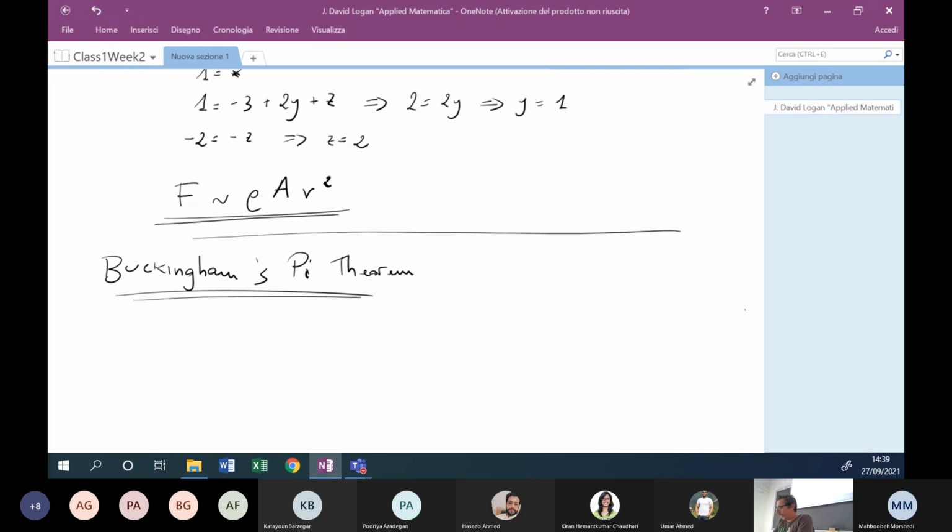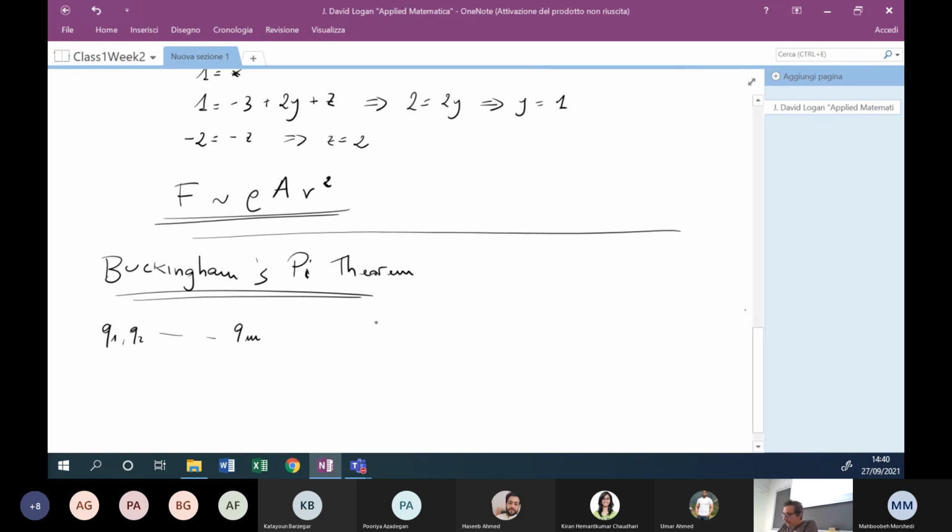So Buckingham's Pi theorem. Let me consider m variables, m quantities. So I have some q1, q2, up to qm. And these quantities, these variables are dimensionful. They have dimensions.